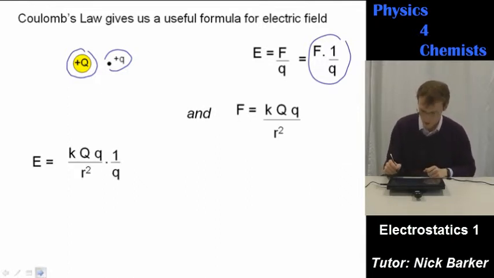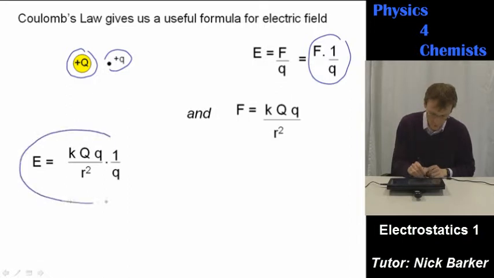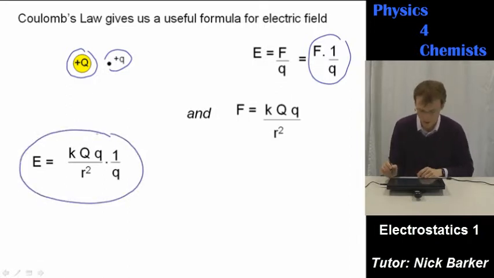Now, we know that E, electrical field strength, can now be rewritten in this form. Now, that might be beginning to look a bit scary, but all we've done is a little bit of substitution. Look, we've said that E is F times 1 over Q. And so the force can therefore be written as the constant times the product of the two charges over r squared.